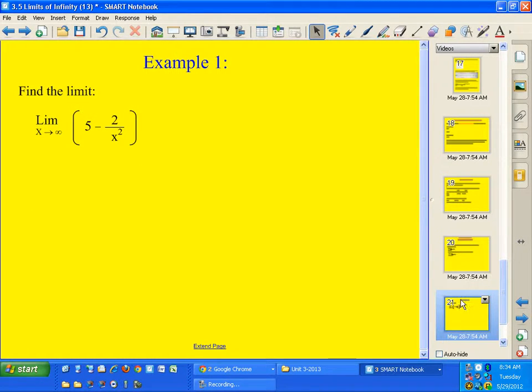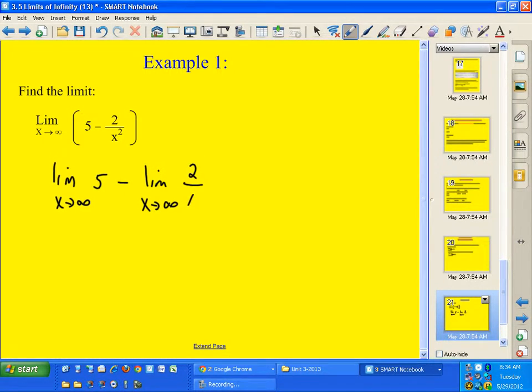If I was asked to find the limit as we approach infinity of this graph, you could do it a couple different ways, but I'm going to break this apart, remembering our properties of limits. I take the limit as x approaches infinity of 5, and subtract the limit as x approaches infinity of 2 over x squared.